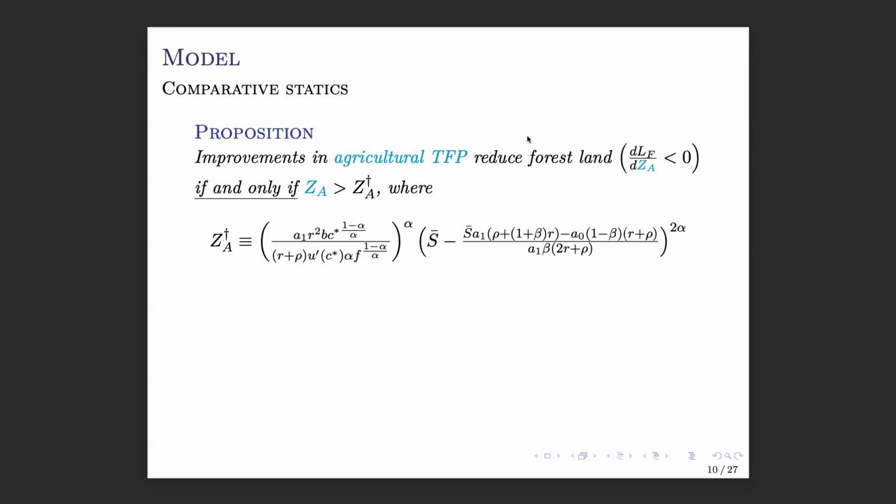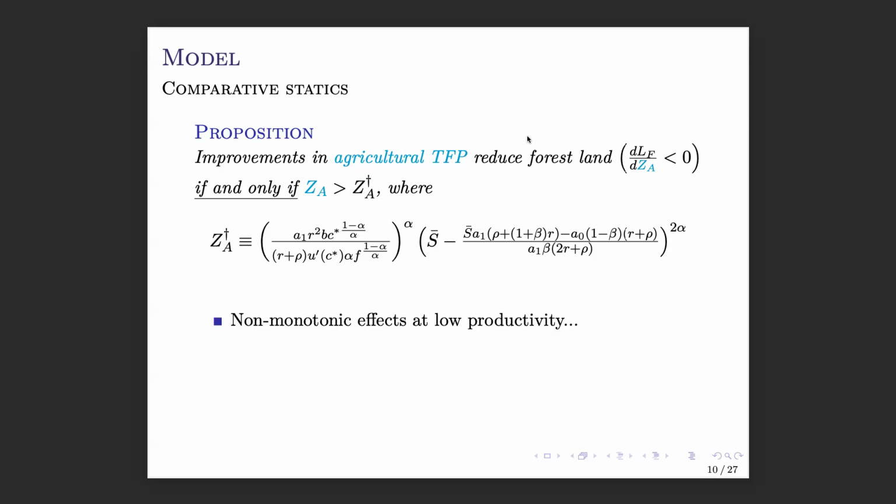Maybe I've left out a few. And that's precisely the motivating observation here, which is that there is this fundamental ambiguity that we see in the effect of agricultural productivity on forest land.